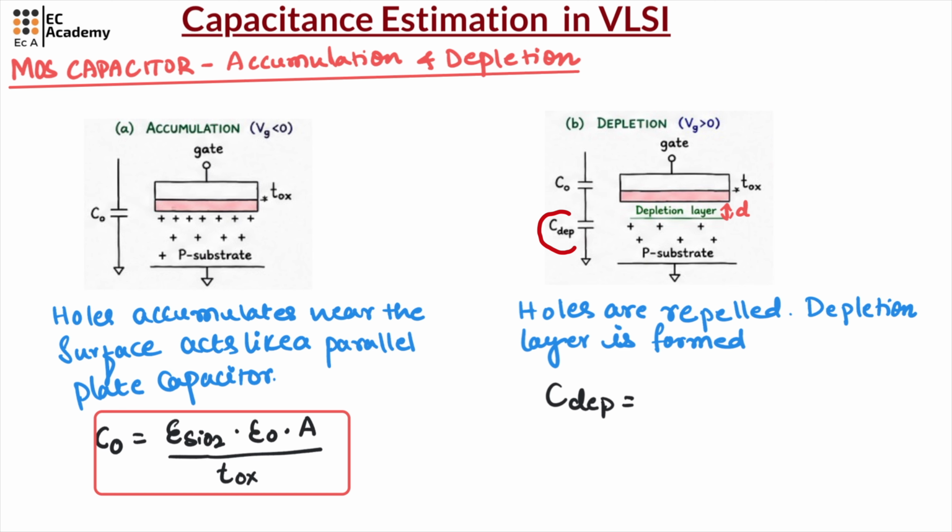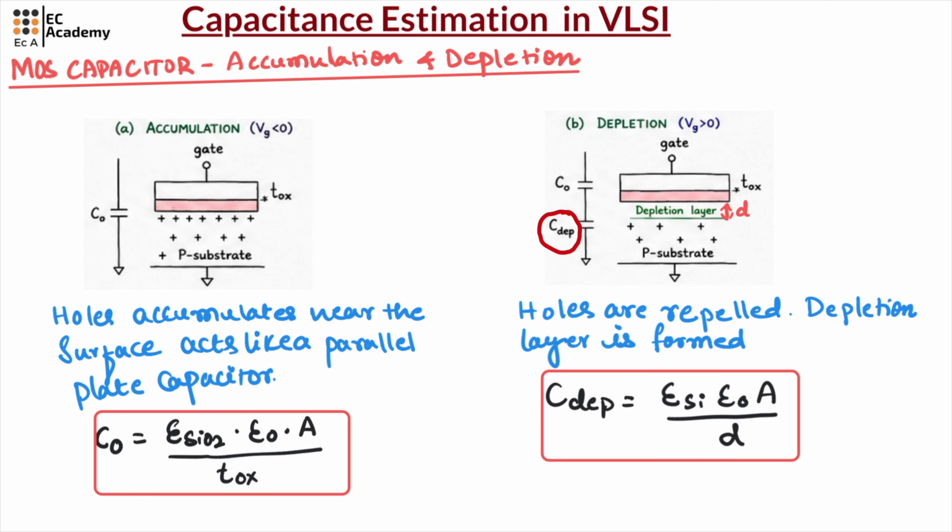So, the depletion capacitance can be given as C depletion is equal to epsilon Si into epsilon naught into A divided by D. This region will be acting as an oxide capacitor connected in series with a depletion capacitor. So, C naught and C depletion are in series.